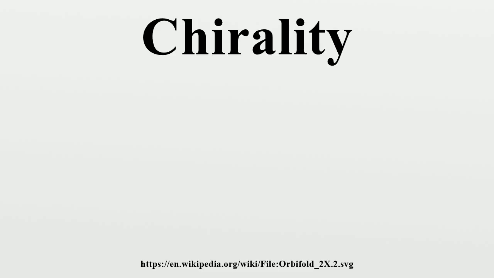Knot theory: a knot is called achiral if it can be continuously deformed into its mirror image, otherwise it is called chiral. For example, the unknot and the figure-8 knot are achiral, whereas the trefoil knot is chiral. In physics, chirality may be found in the spin of a particle, which may be used to define a handedness for that particle. A symmetry transformation between the two is called parity.